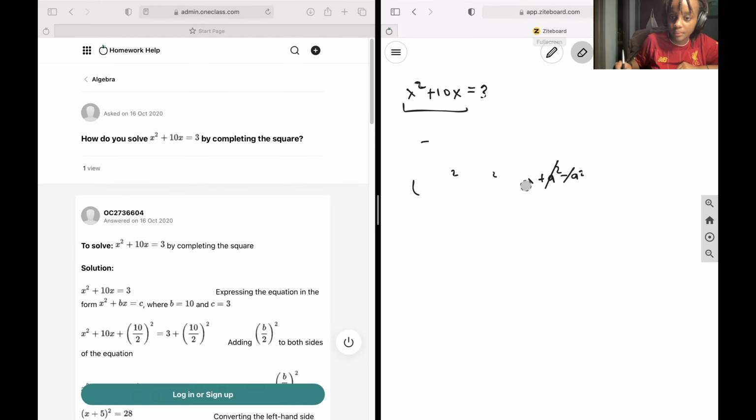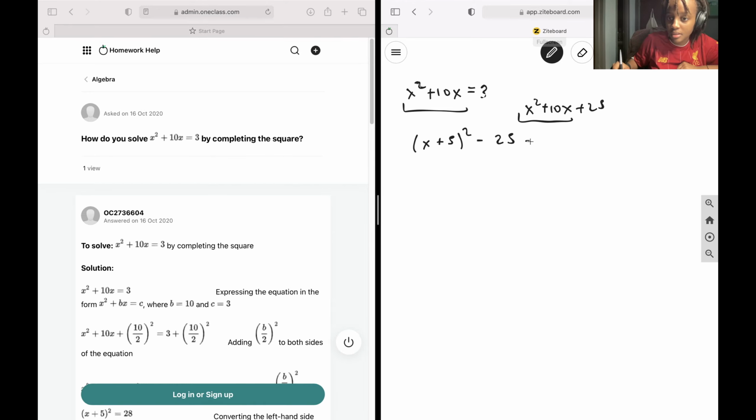And so now that we know a is equal to 5, we get (x plus 5) squared, and that would give us x squared plus 10x plus 25. So we want to subtract the 25 in order to just remain with this is equal to 3. And so we take it over, and we get (x plus 5) squared equals 3 plus 25.